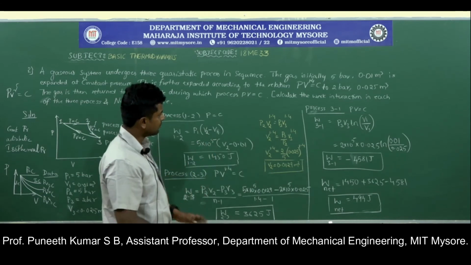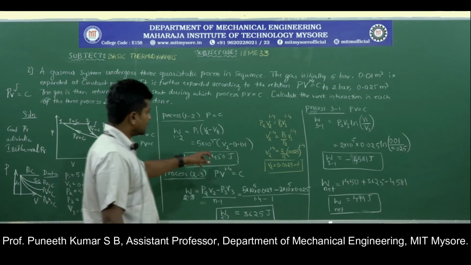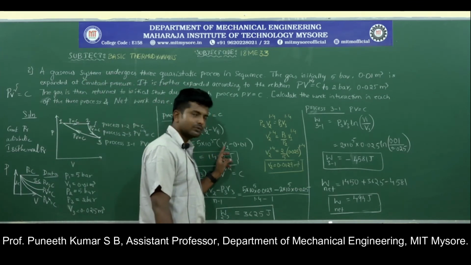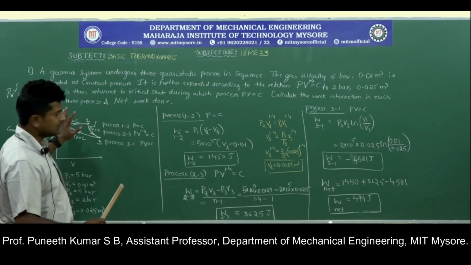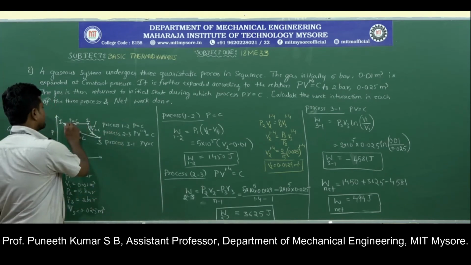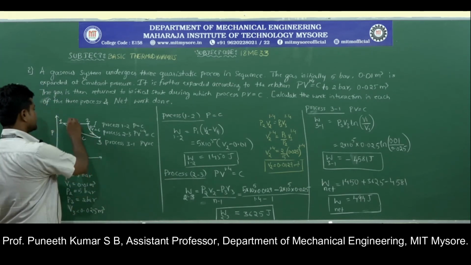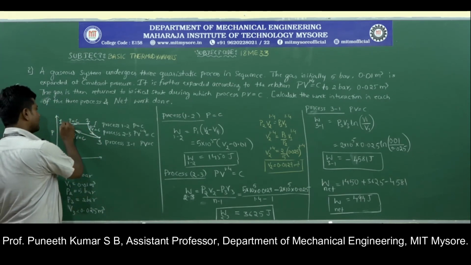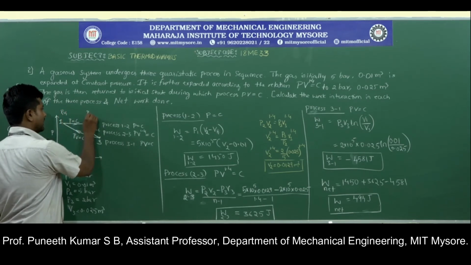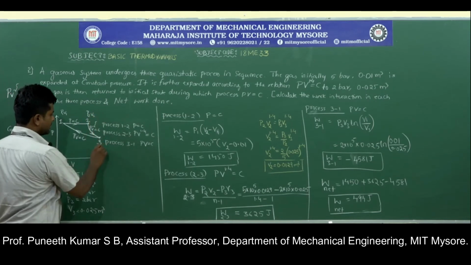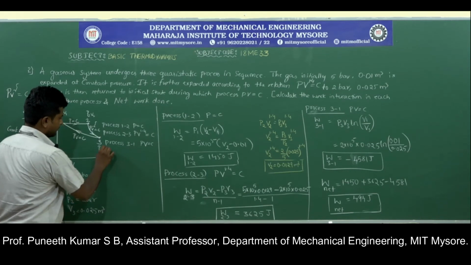Here the volume V2 is the unknown, but the rule is, if I want to find any of the point functions, at point 1 I have the values P1 V1, at point 2 I have P2 V2, and at point 3 I have P3 V3.